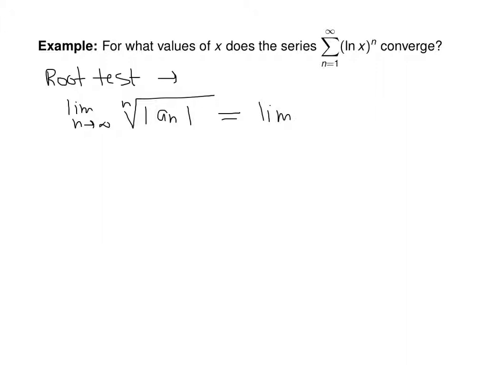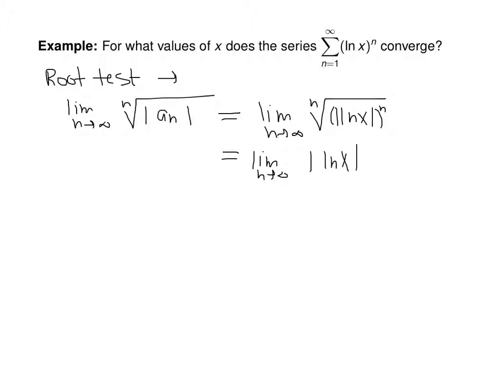The nth root of the absolute value of ln x to the nth is the absolute value of ln x, so the limit will equal just the absolute value of ln x.